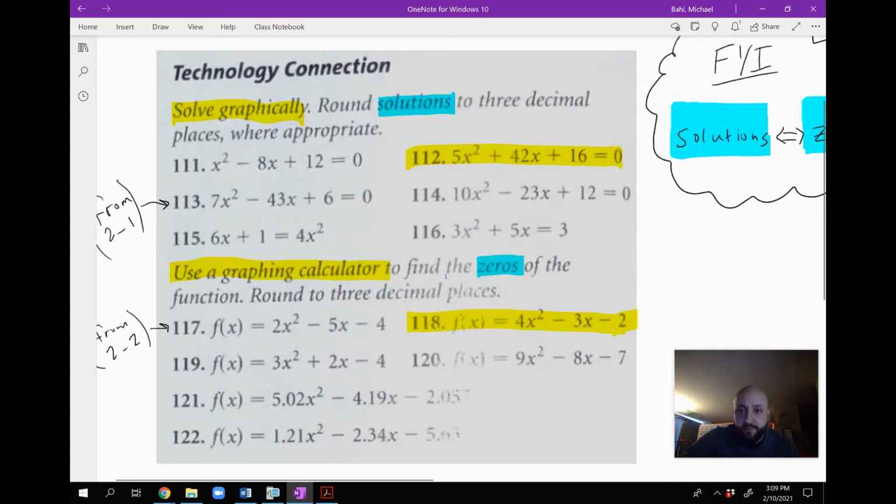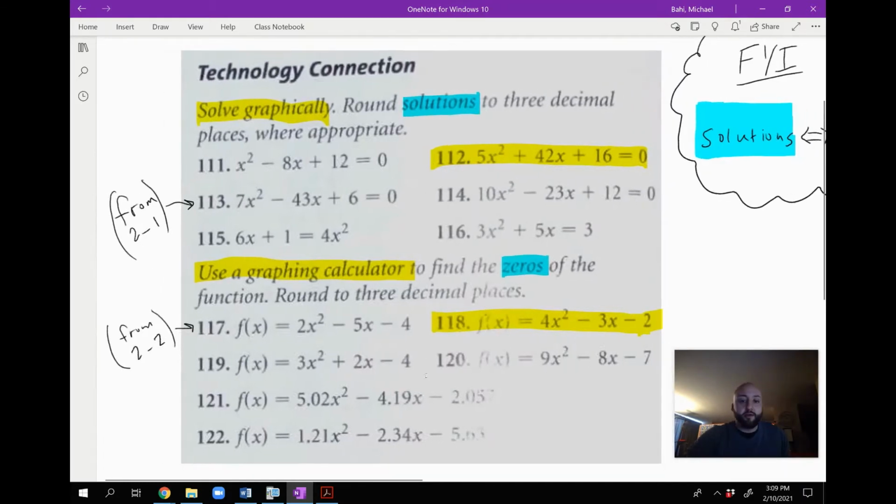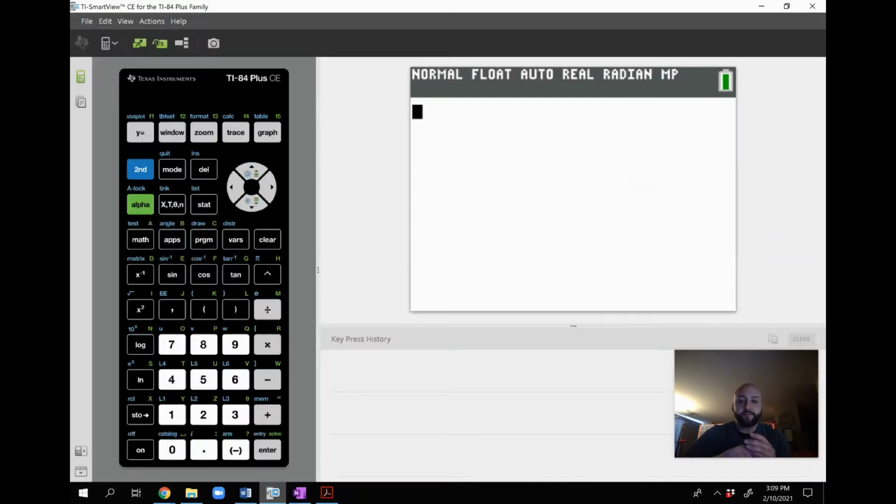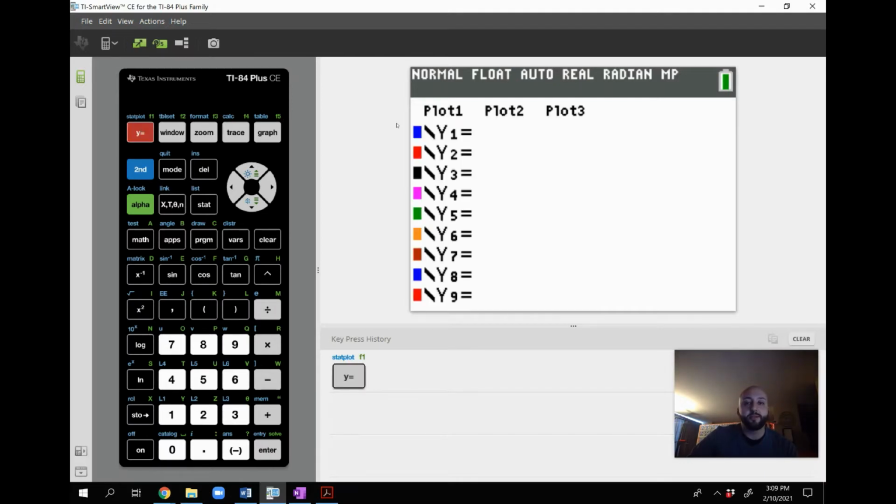Okay, so let's do number 112. When you go to your calculator to solve graphically, we have to access the graph part, which is these top 5 buttons right here. To put the equation in, we have to go to y equals and put it in.